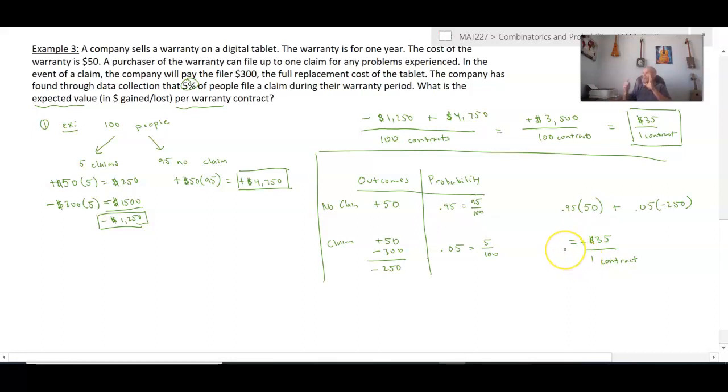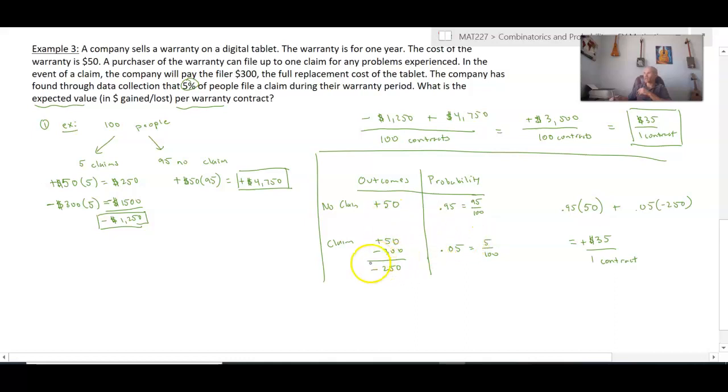So we now have an intuitive and more mathematical way to compute the average when our outcomes do not carry equal weights. So think about this as a game where the company is going to receive $50 95% of the time, but they're going to give away $250, but only 5% of the time.